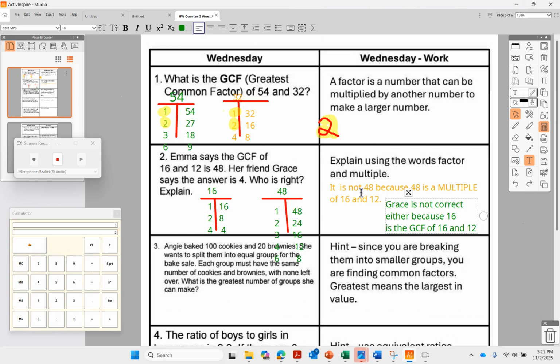This is what I get. 48 is a multiple of 16 and 12, but I over here, I don't know if you guys caught that. I'm going to leave it though, because a lot of times, sometimes we're doing work and we realize, oh, we made a mistake. So let's go over here and let's say we should have been finding 16 and 12.